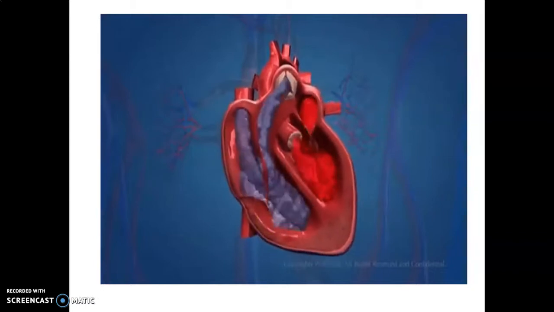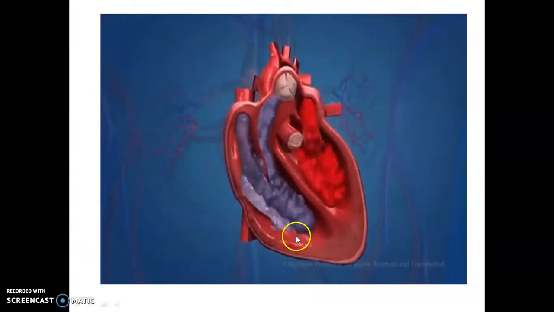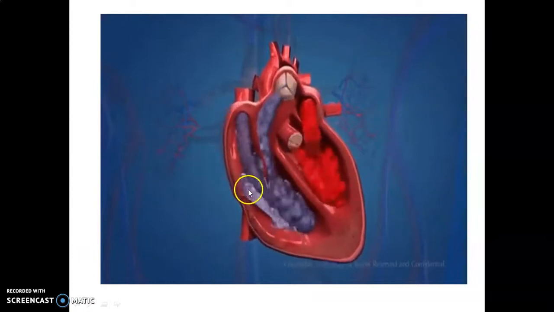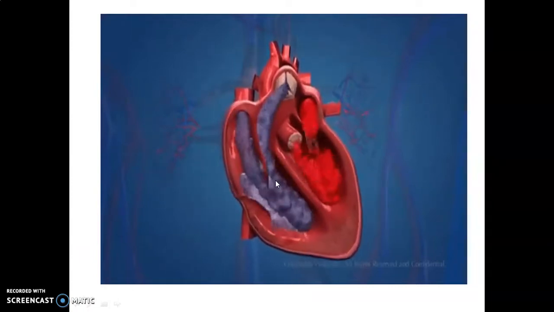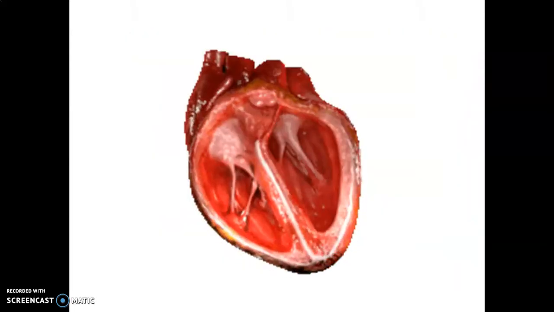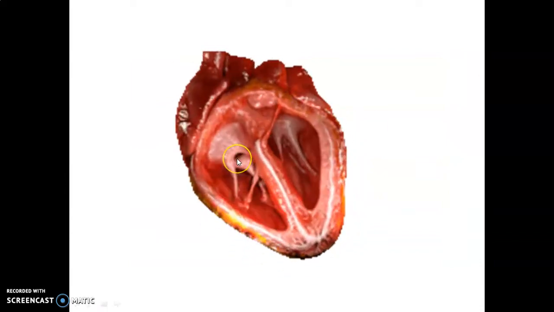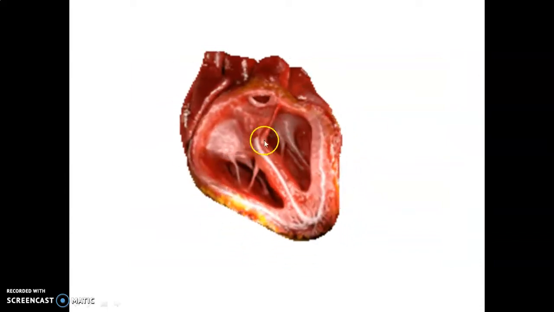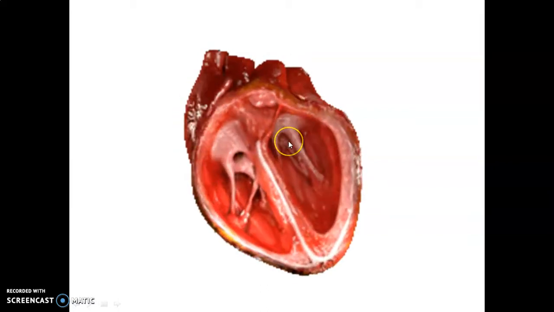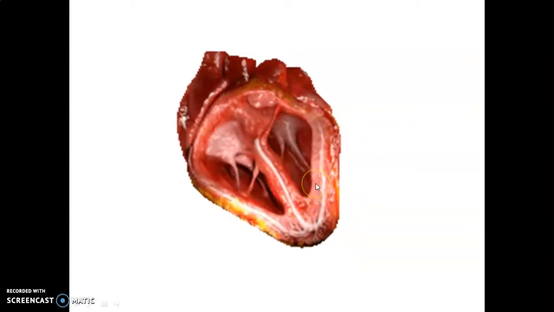The opening between the right atrium and right ventricle is guarded by a valve formed of 3 muscular flaps or cusps. That's why it is termed the tricuspid valve, whereas the bicuspid or mitral valve guards the opening between the left atrium and left ventricle.